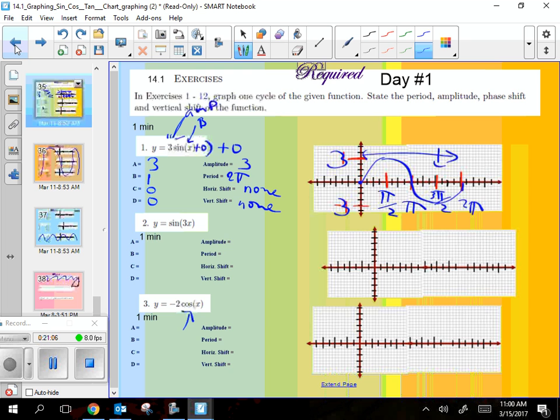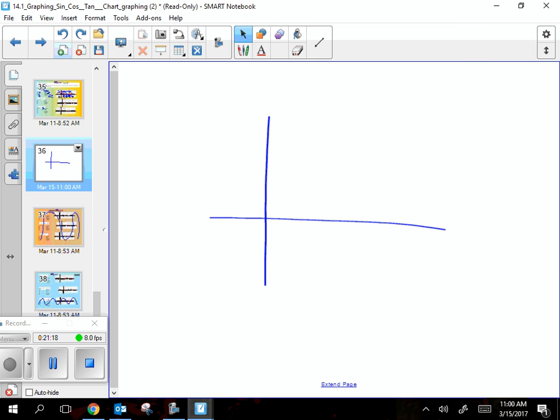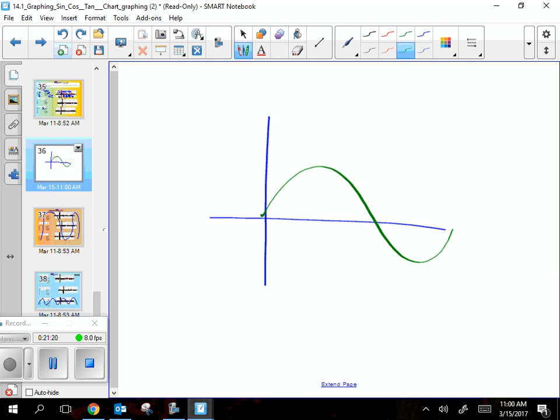But you need to know how cosine looks. So everybody, get to a blank page right near where you made sine, and here's cosine. It is very similar, but it does not start at 0 and go up. Like, here's what sine would look like. It's not the same, but it's a lot like it because it starts at 1 and then cycles back and forth between 1 and -1.